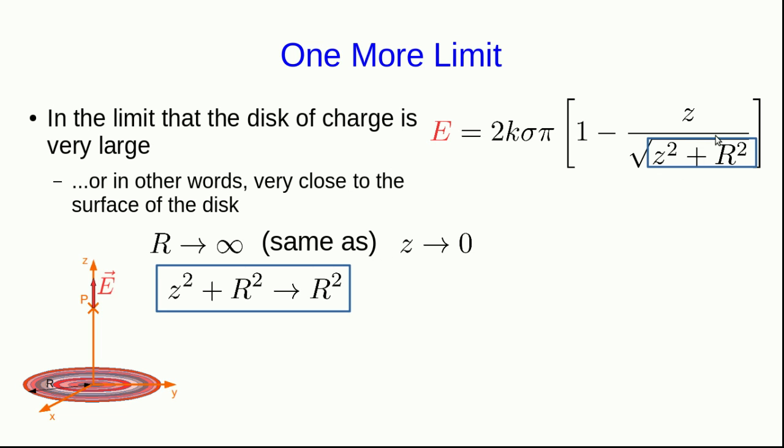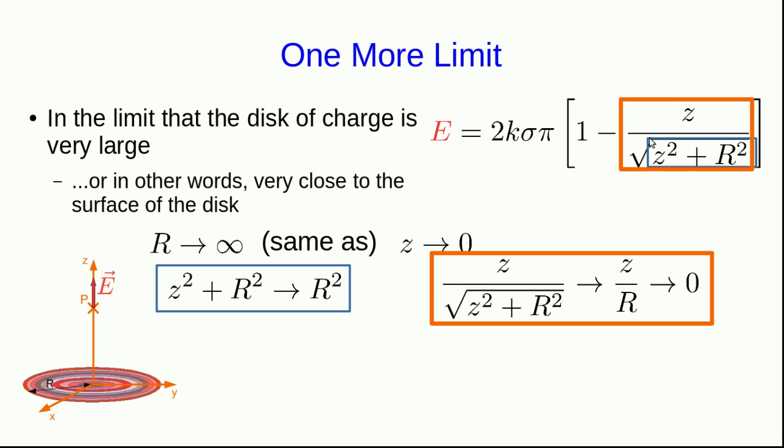And so if you think about this part in the denominator, z squared plus r squared is going to go to r squared. You can neglect the z squared if either r is very large or z is very small. And so that means that this whole fraction here goes to just z over the square root of r squared, or z over r, and either way, if z is going to 0 or r is getting very large, that goes to 0.